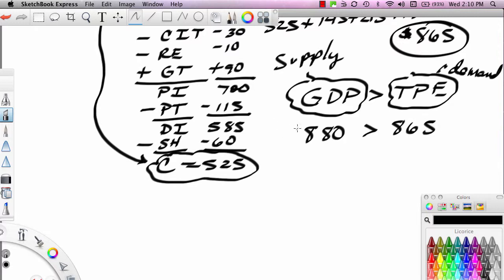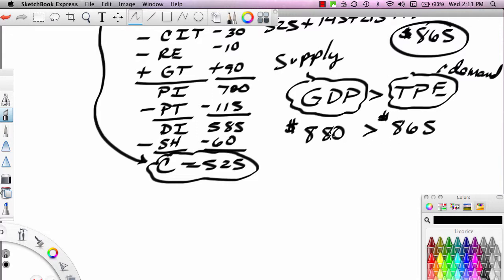So in other words, and we're assuming these are in dollars, the system produced $880, or 880 billion, or 8.8 trillion, or whatever it is, of output, but households, businesses, government, and foreigners only purchased $865 worth of output.